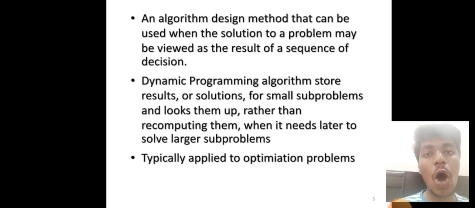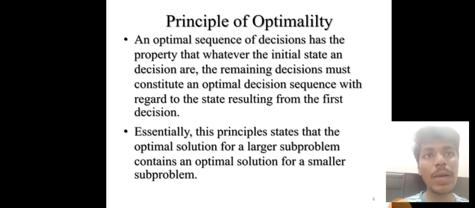It is typically applied to optimization problems, either to calculate the minimal solution or the maximum solution. Principle of optimality: an optimal sequence of decisions has the property that whatever the initial state and decision are, the remaining decisions must constitute an optimal decision sequence with regard to the state resulting from the first decision.